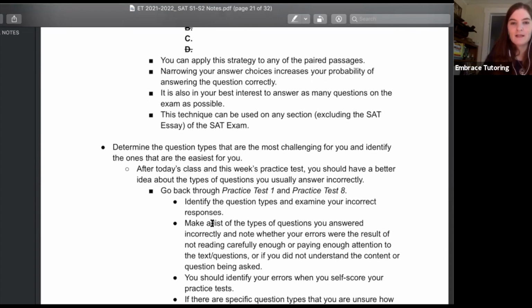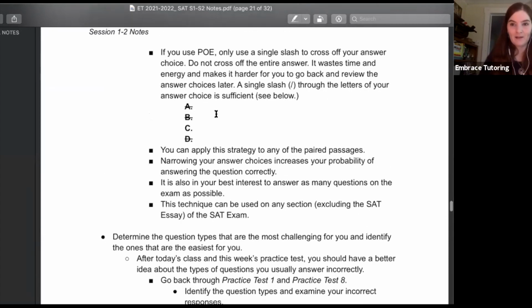You always want to try to narrow down your answer choices so you can make as educated a guess, or as informed a decision about your answer choice, as possible. But if you don't have that luxury because you're pressed for time, you can do what's called a cold guess and choose a letter that you're going to use for the whole test for each section. That's your letter of choice for the day. So say I'm going to use A today for my cold guess.